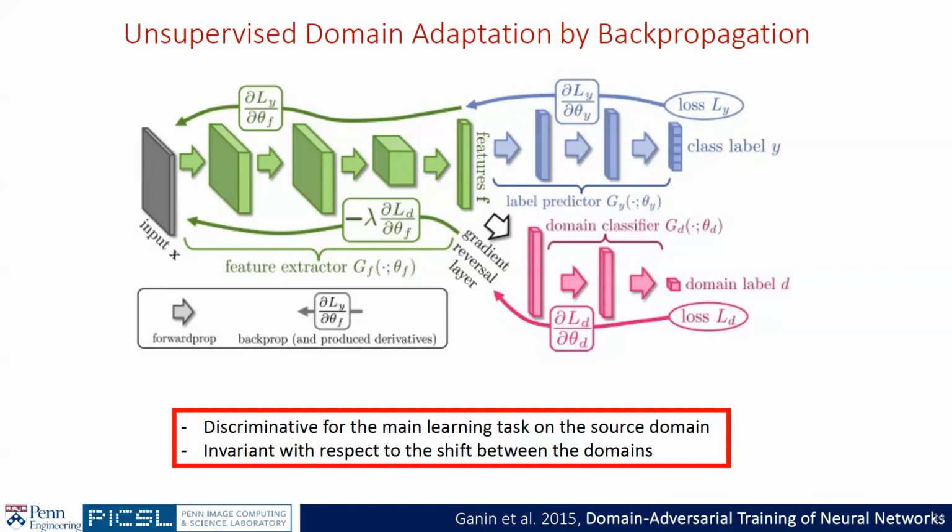By doing so, they are trying to maximize the loss. Or in other words, instead of going in a negative gradient direction, now they're going in a positive gradient direction. So they're trying to confuse the network. It's a very simple idea of literally multiplying it by minus lambda, and it works really nicely.